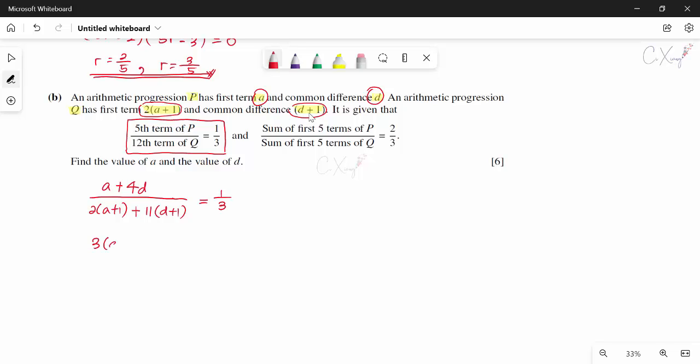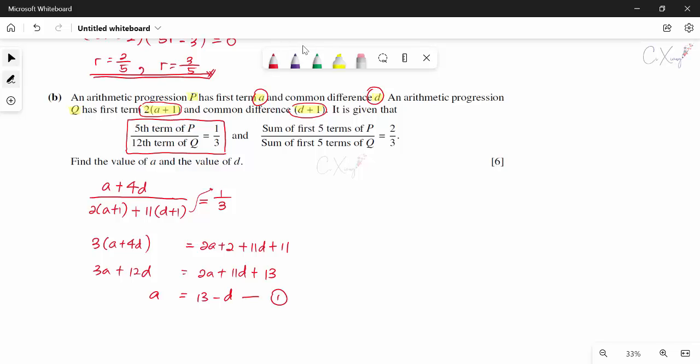I bring the 3 up, and also this one, I bring it up as well. So I'm having 2A plus 2, 11D plus 11. If I try to simplify it now, I'll have A equals to 13 minus D. And this is my first equation.